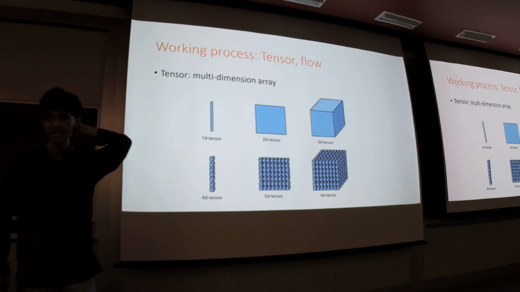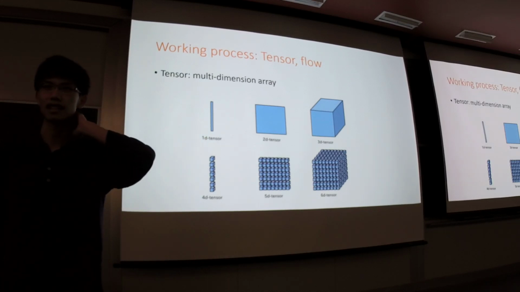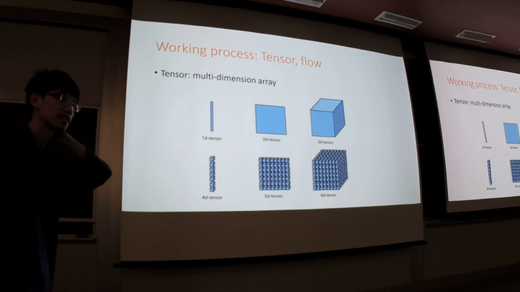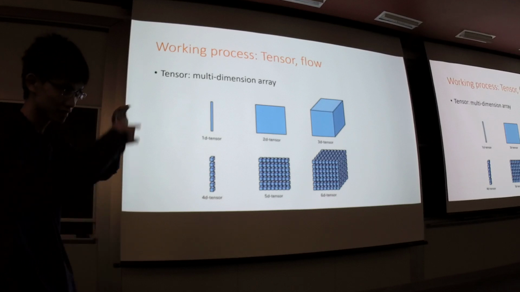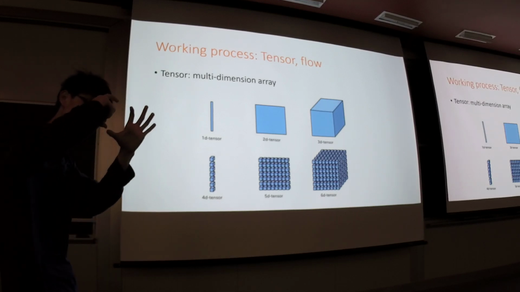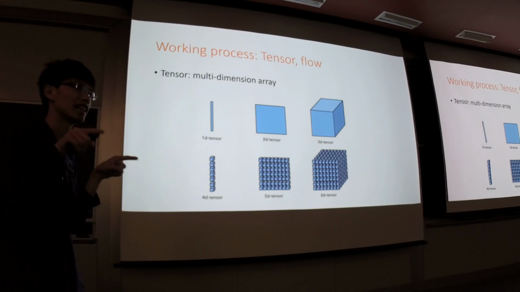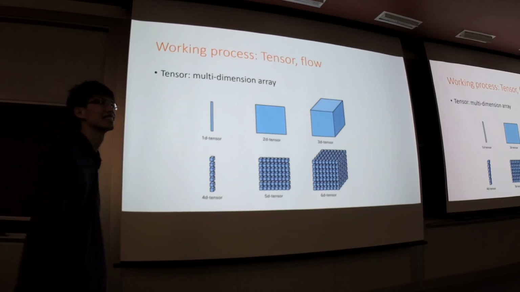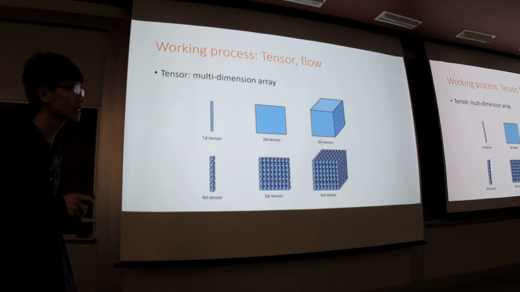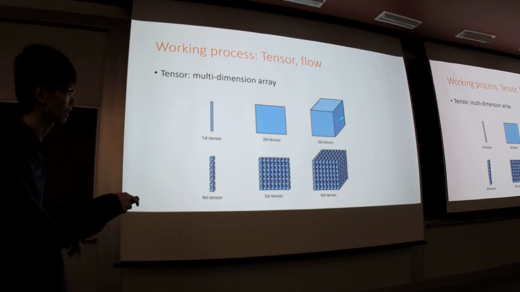What is a zero-dimensional tensor? A scalar, right? If you print the shape of a scalar, it will give you an empty set. But if you print the shape of the 1D tensor, it will give you one number, two numbers, like this.